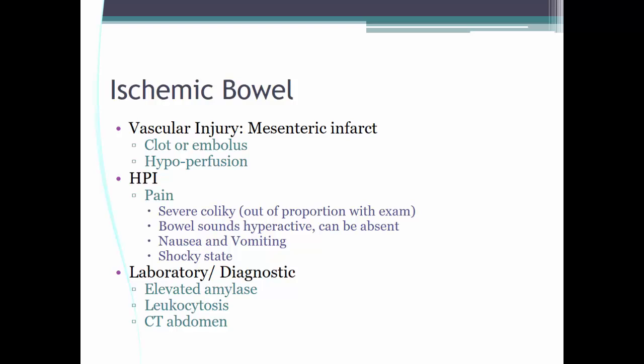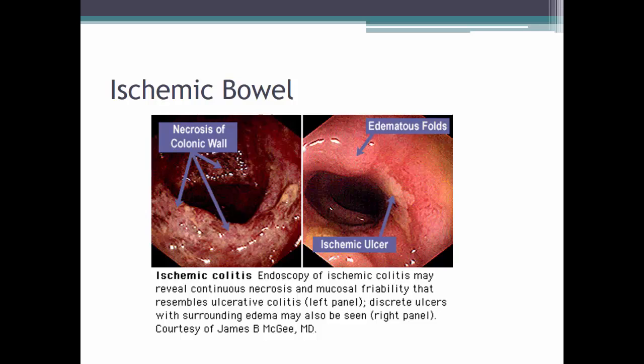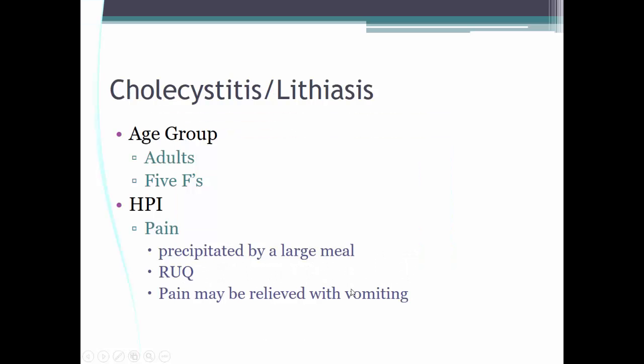And you could also put the patient on vasodilators, which are papaverine. P-A-P-A-V as in Victor, E-R-I-N-E. Here you have the bowel when it's necrotic and edematous with ulcers.